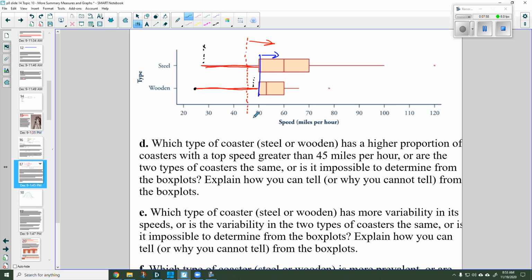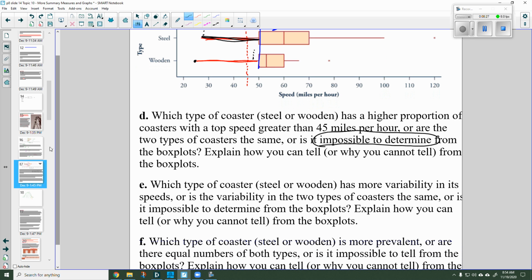So there is really no way to tell how many or what proportion is at any point in each quartile. It's only possible to tell what the quartiles are. I don't know where the individual coasters land in the quartile. So it is impossible to determine this question from the box plots.